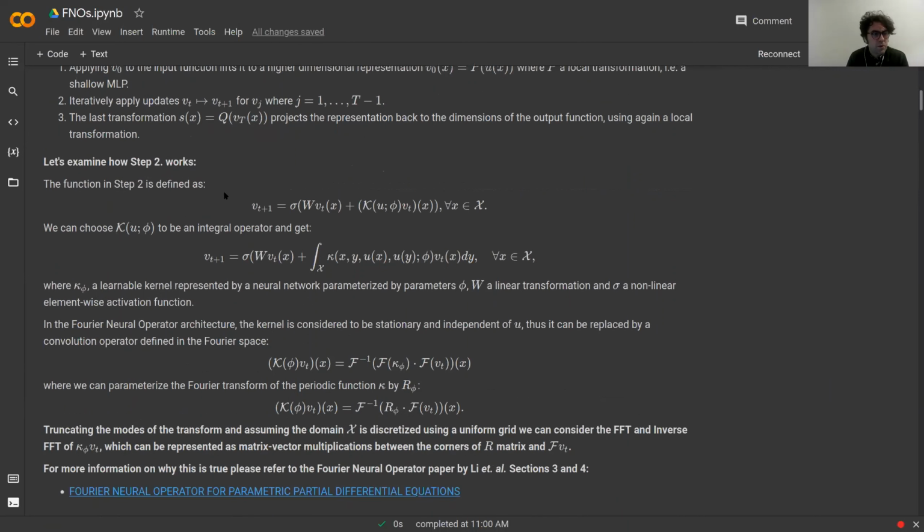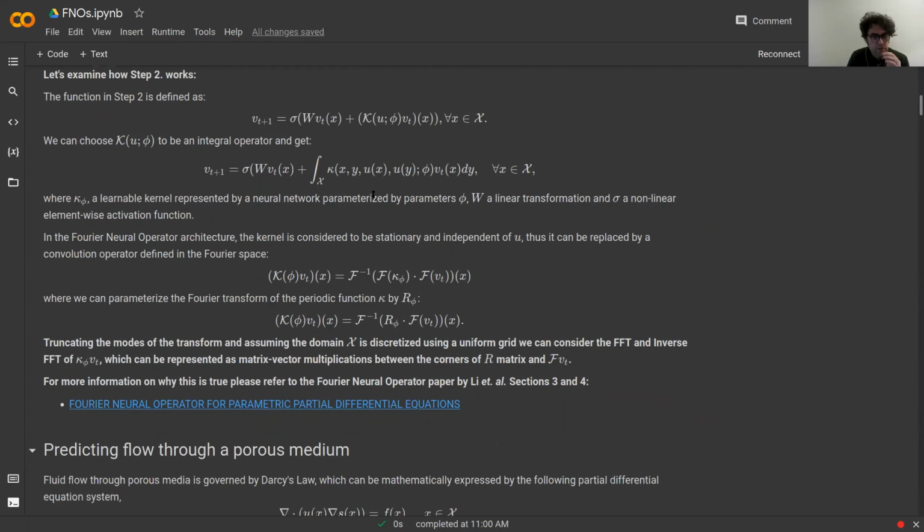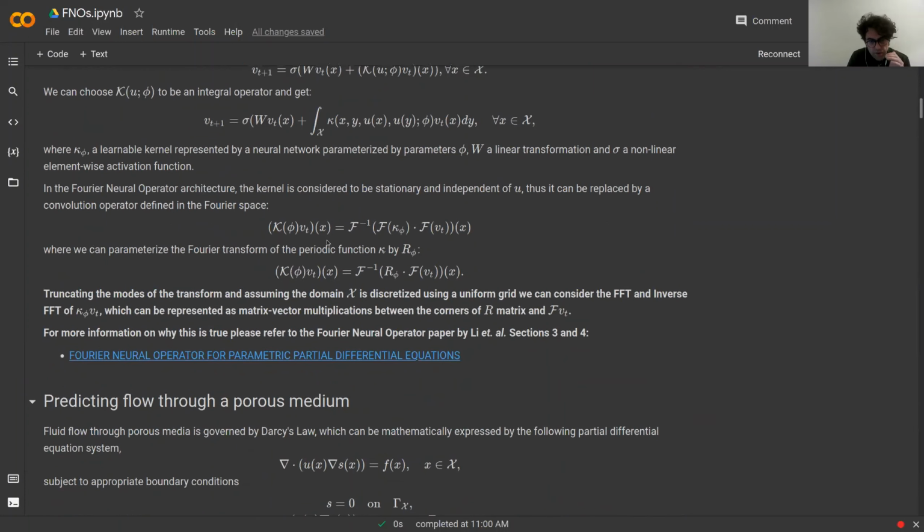Okay, so let's see how step 2 works. We define this V t plus 1, which is essentially what Jacob described: a linear layer with a nonlinearity. K can be defined as some integral operator, of which we take the Fourier transform. We do the Fourier trick.